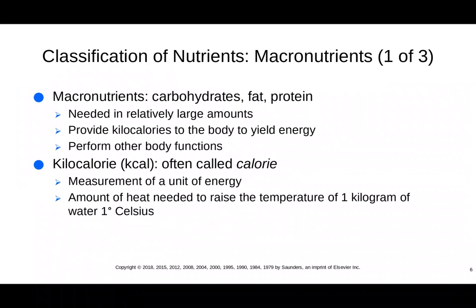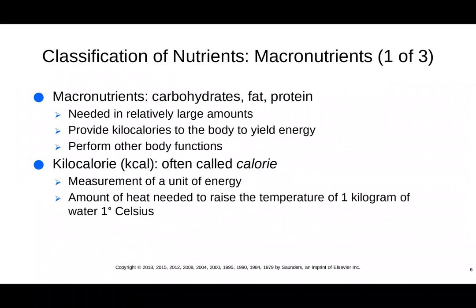So macronutrients consist of carbohydrates, fat, and protein. Those are the 3 nutrients that we need in large amounts, and they provide our body with the kilocalories that we need to yield energy to perform our body functions.